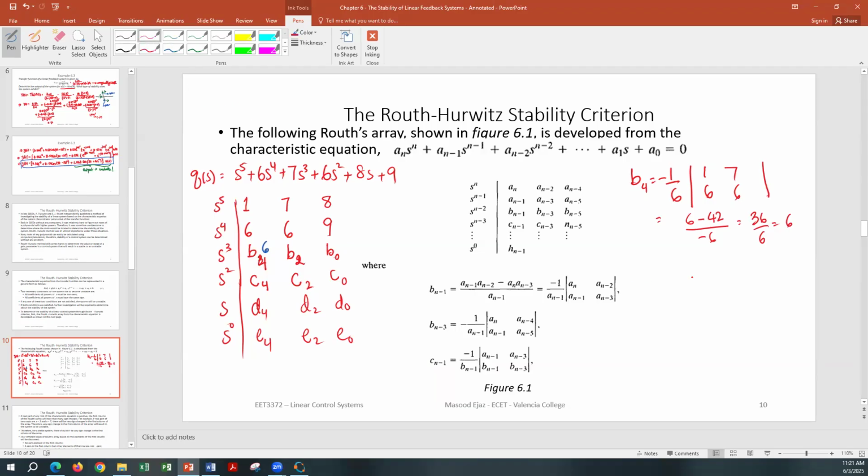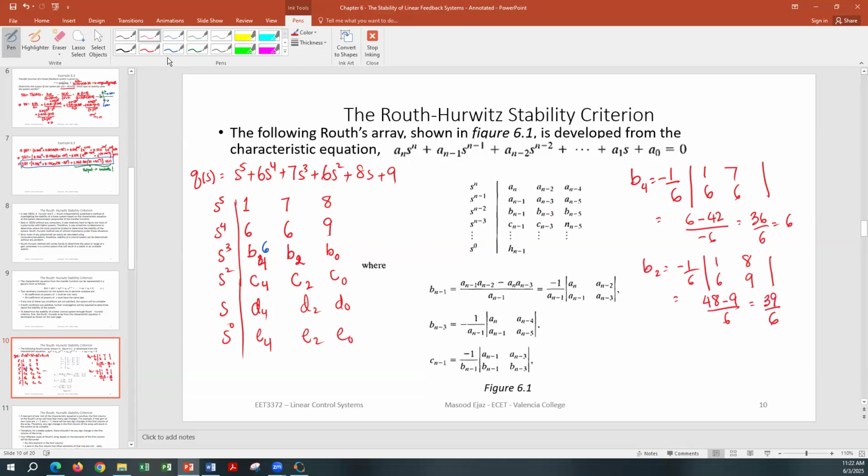B2, similarly, negative 1 over 6, and the determinant of 1, 6, and then an minus 4, an minus 5, which is 8 and 9. And this will give us 9 minus 48, or 48 minus 9 over 6. I just multiplied by a negative sign. So 48 minus 9 is going to be what? 39. 39 plus 9 is 48.